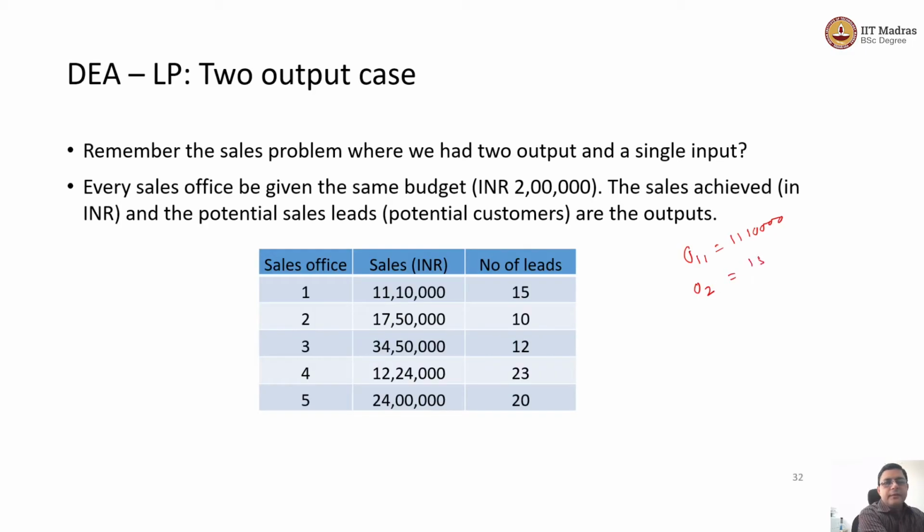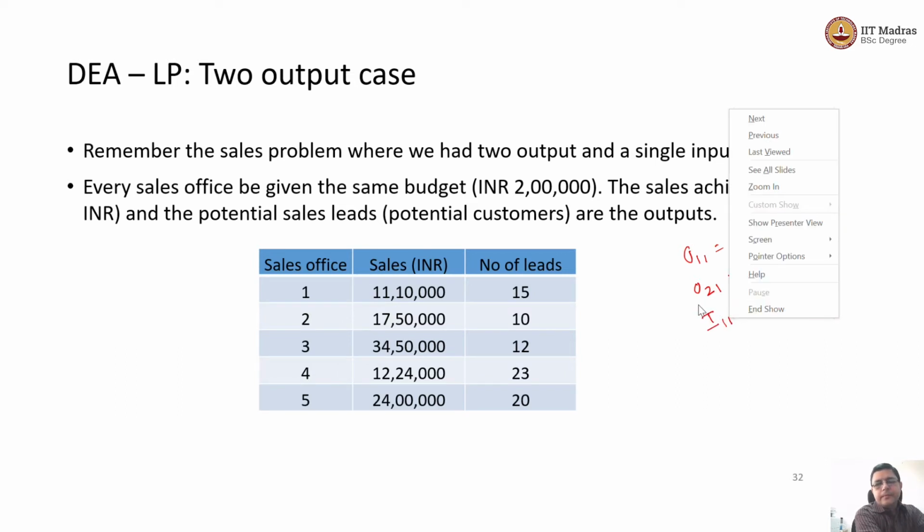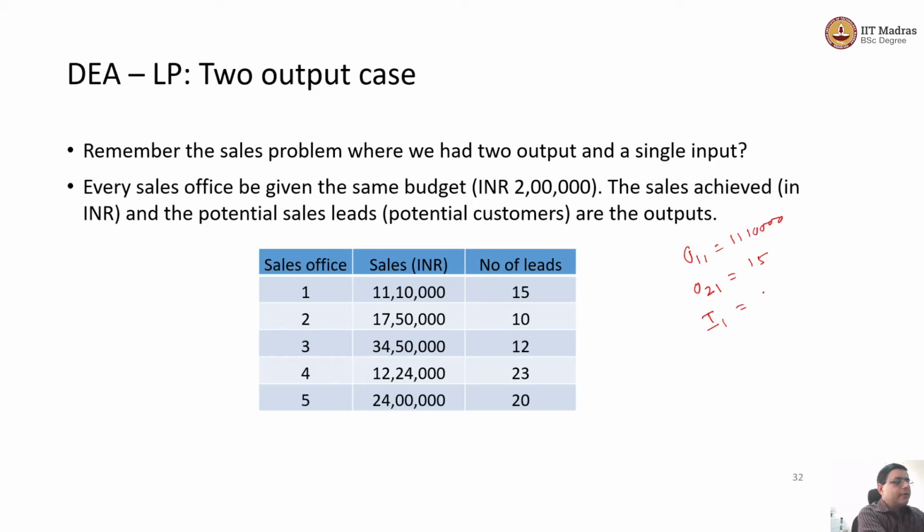That value is 15, O21, right? Similarly, the only input number 1 for sales office 1, that value is 2 lakhs.